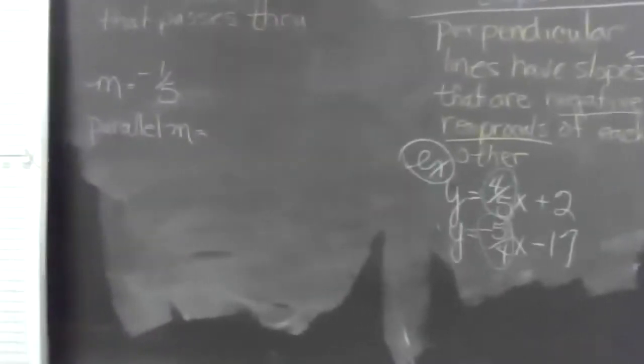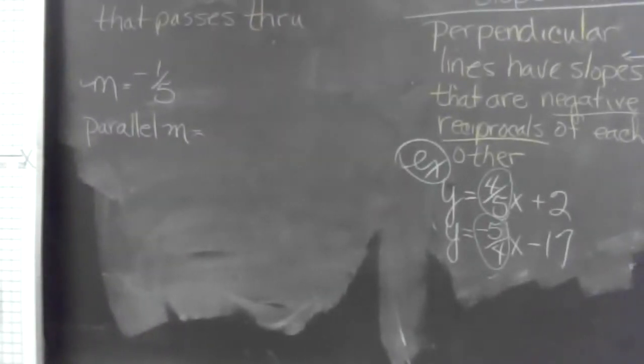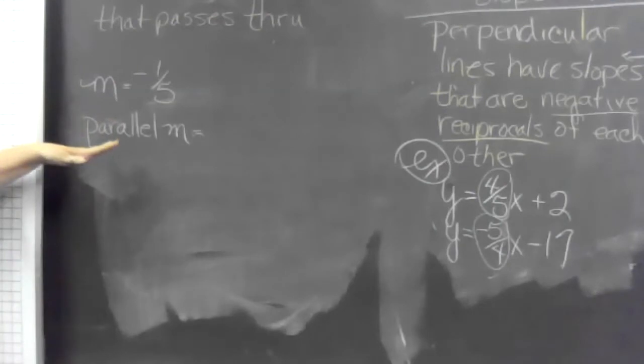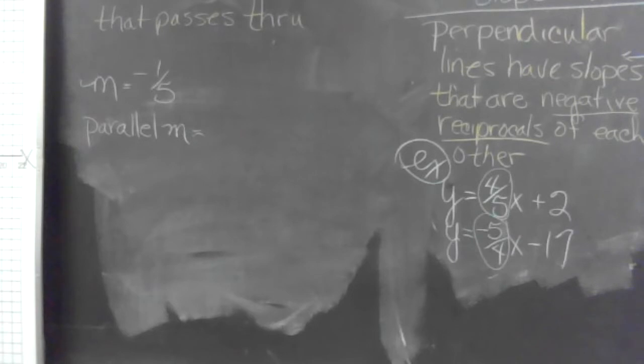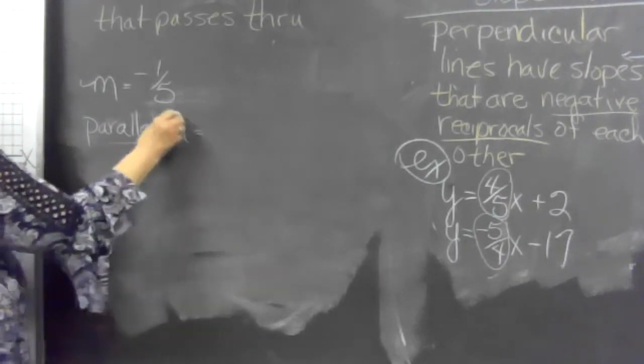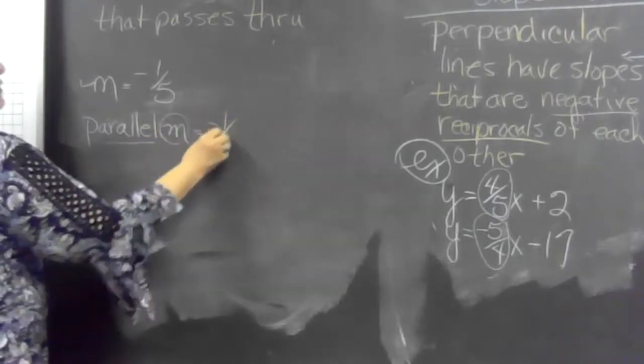If one line has the slope of -1/5, what would the parallel line have the slope of? Wouldn't it be the same thing? It will be the same thing. So the parallel slope will be -1/5, right?